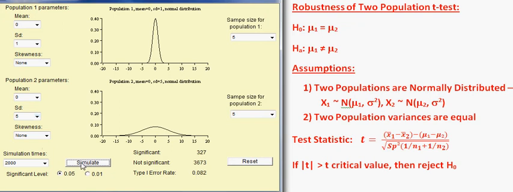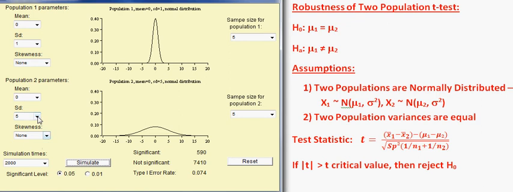If I keep simulating 2,000 more times, consistently you see that the true type 1 error is higher than the planned alpha level. So this t approximation is not that good when one of the assumptions is not true.